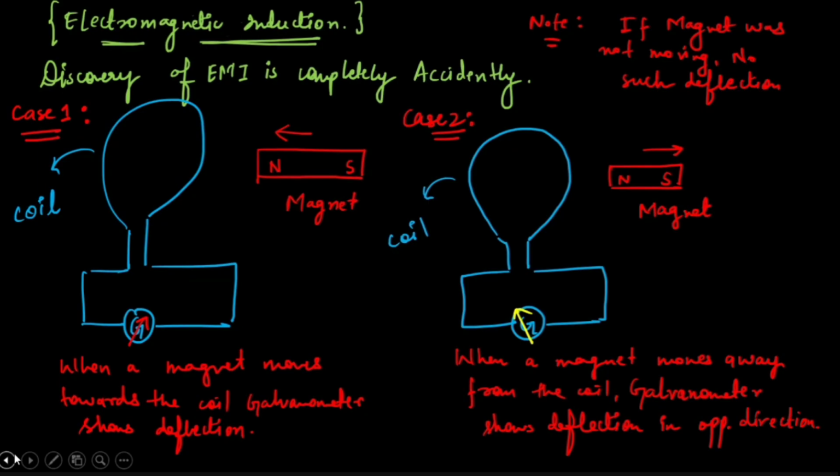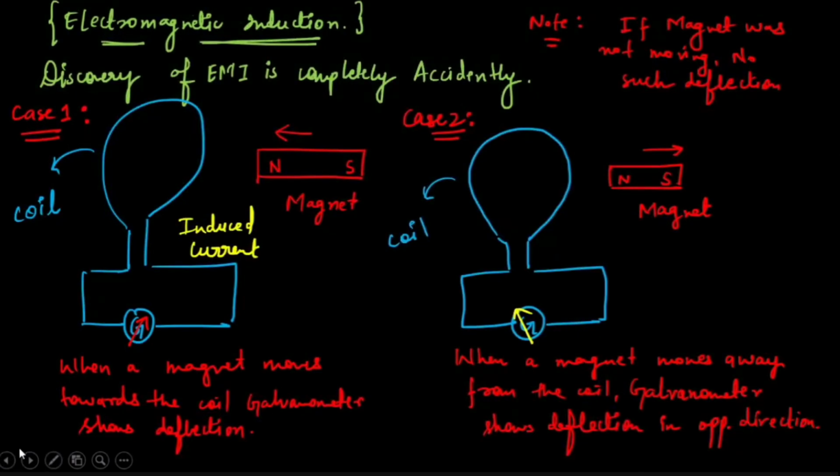Whatever current is induced in this coil, we call induced current. By understanding these two cases, he came to a conclusion that there must be some induced current due to the motion of the magnet. But this was not the whole case.